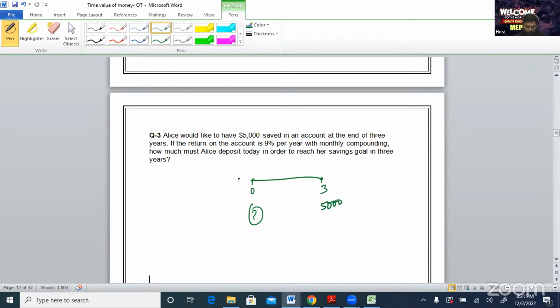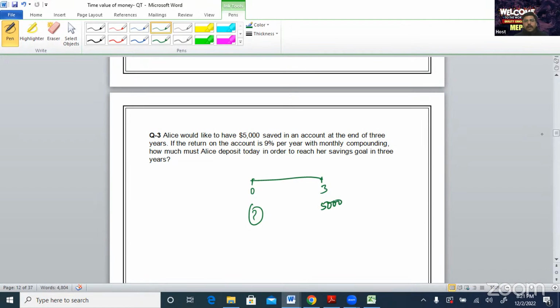Then N is what? This is a case of monthly compounding. So my N will be 3 multiplied by 12, so it means 36. 36 will be N.